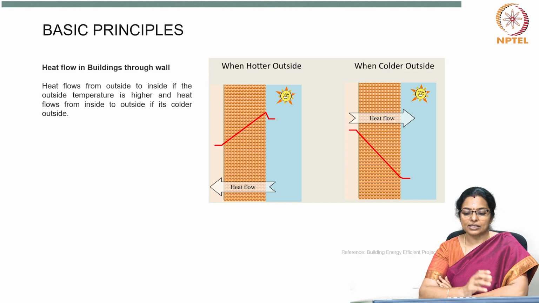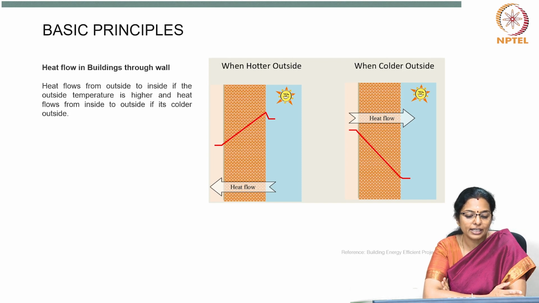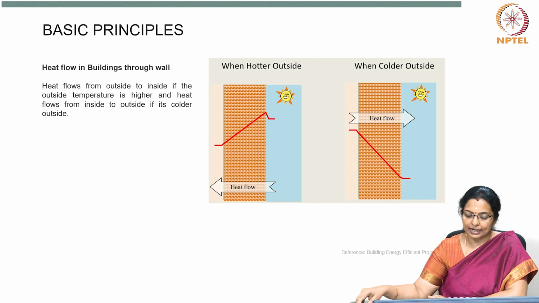So, this is the basic principle of heat flow in buildings through the wall, where heat flows from outside to inside if the outside temperature is hotter or higher, and heat flows from inside to outside if it is colder outside.